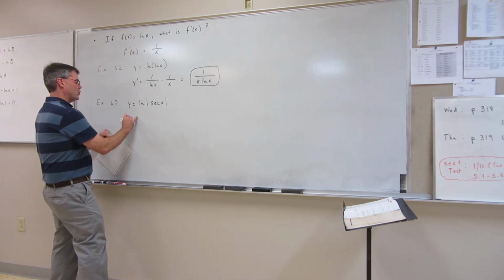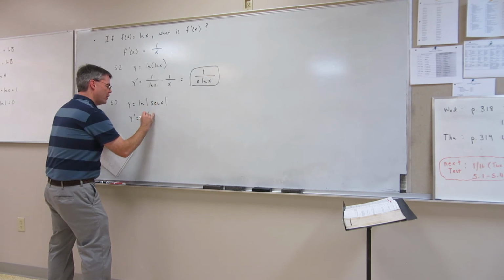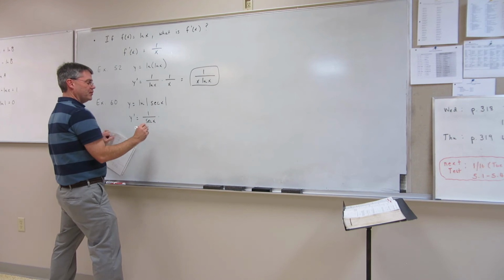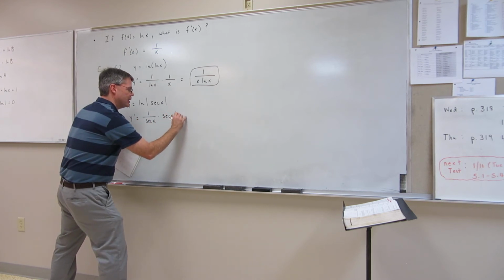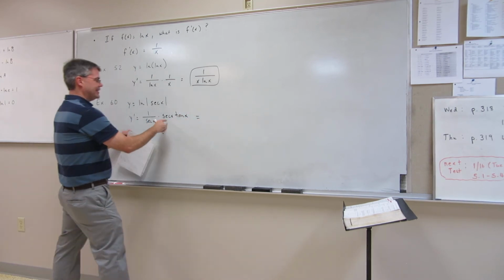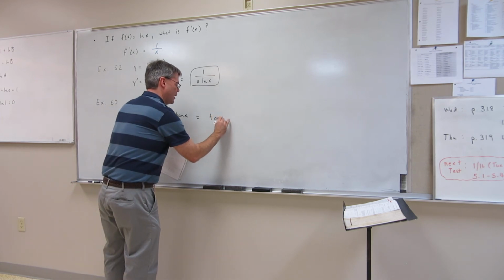So y prime is going to be 1 over the blob, so 1 over secant x, times the derivative of secant x, and hopefully you remember that is secant x tangent x. And then, of course, simplifying, the secants will cross out, and you're just left with tangent x.